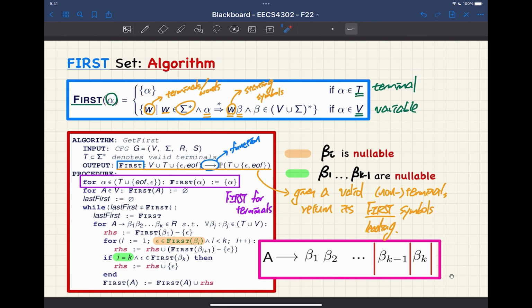That's what we're doing. For all the alpha that is a member of the terminals, EOF or epsilon, the first of alpha will just be alpha itself as a singleton set. That was easy. And then initially for all the variables, we just let the first be empty. We don't have anything just yet.